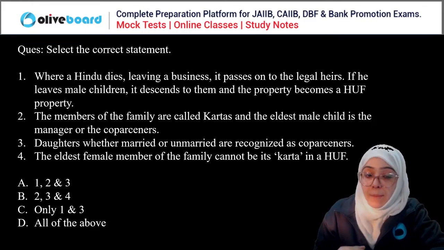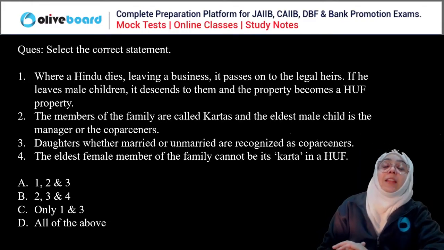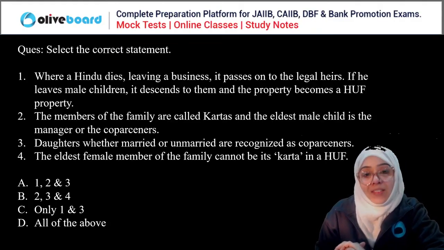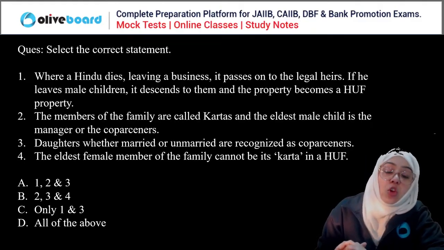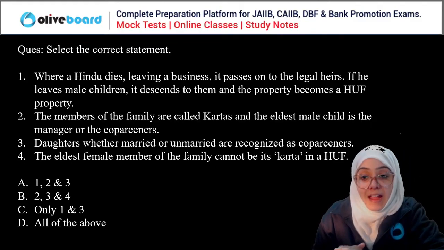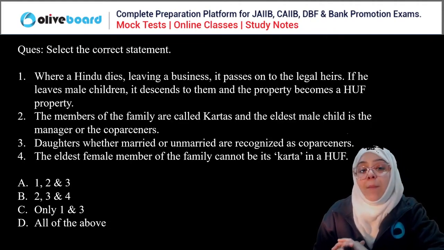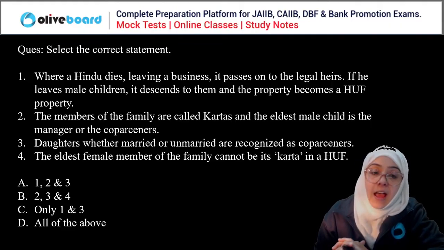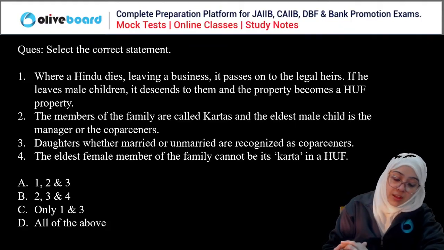The members of the family are called as kartas, and the eldest male child is the manager or the co-parceners, right? Daughter, whether married or unmarried, are recognized as co-parcener. The eldest female member of the family cannot be its karta in a HUF. You have to select the correct statement here.